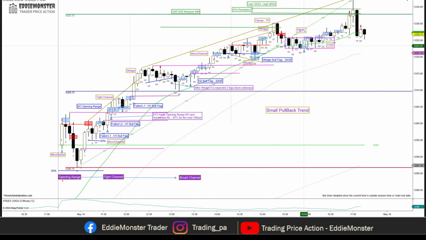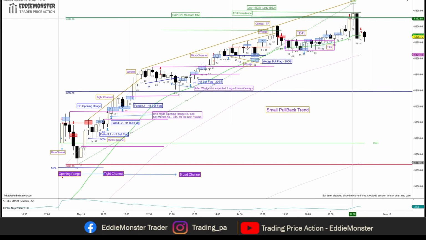And then I bought again the L2 here. All right, I bought that one, and exited at 77. And then I did exit finally at 80. So I missed some points because I was in all this.